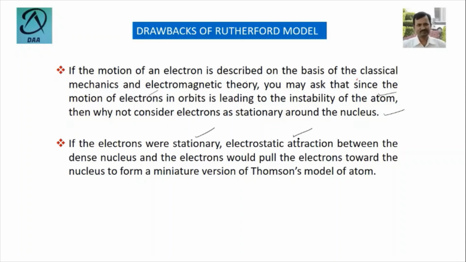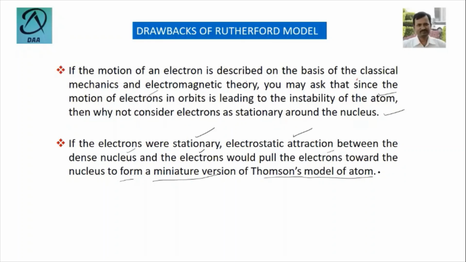The electrostatic attraction between the dense nucleus and the lighter electrons would pull the electrons towards the nucleus to form a miniature version of Thomson's model of the atom.